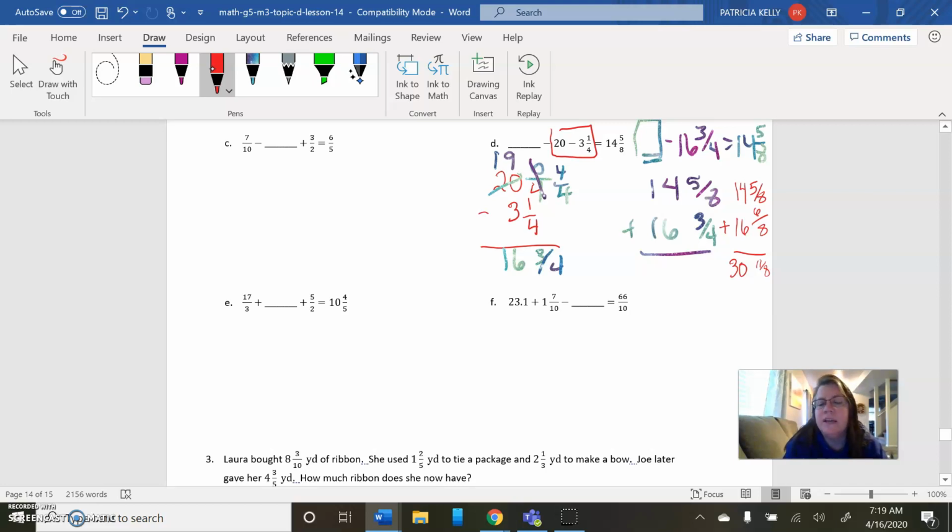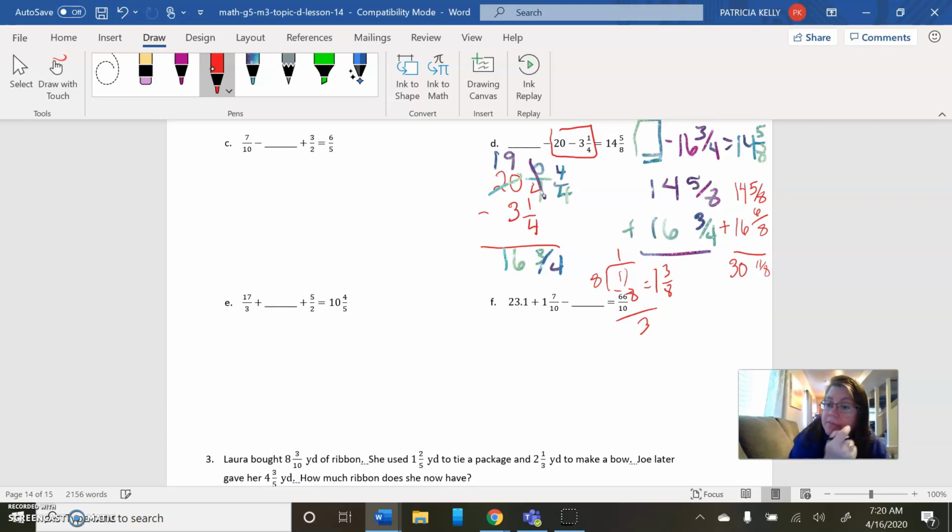Now, that's improper, right? So, 11 eighths is improper. The numerator is too big. It's bigger than the denominator. So really what I'm thinking is how many times does 8 go into 11? And I know that 8 goes into 11 one time. So it's got one whole with how many left over? Subtract it out from here. If I subtract away, I have 3 left over. So that means that 11 eighths is the same as 1 and 3 eighths.